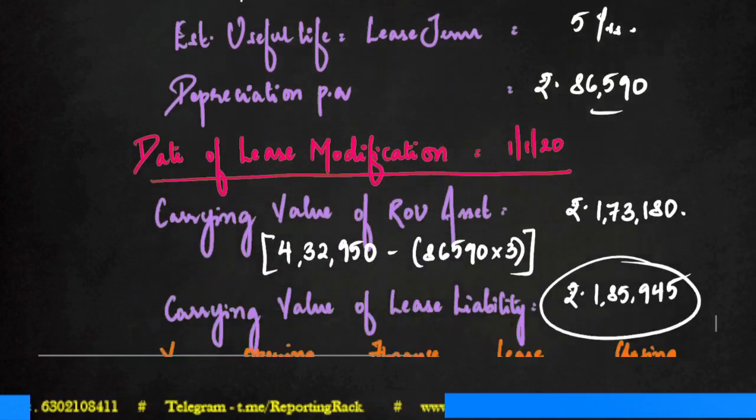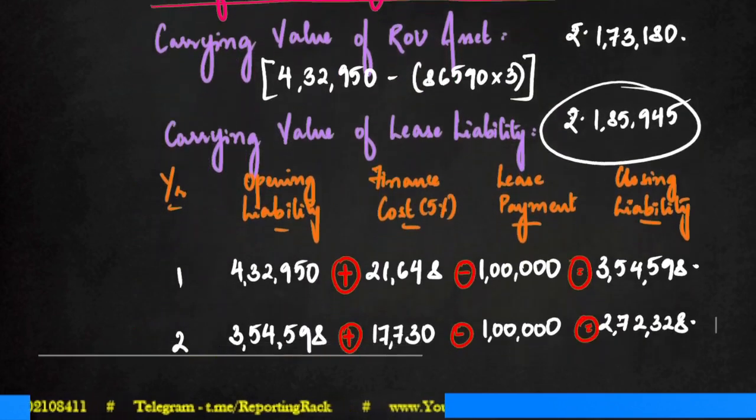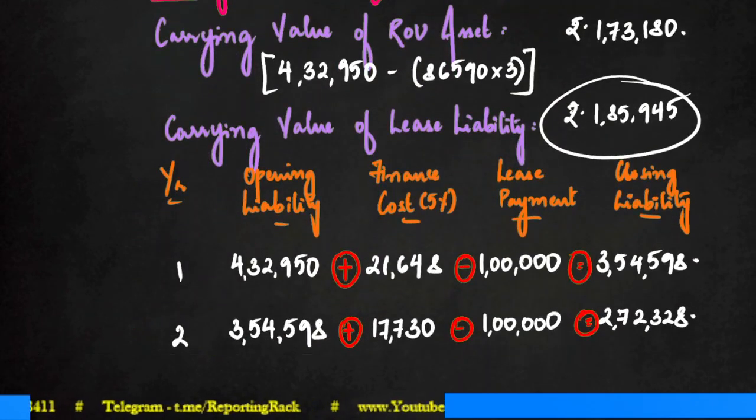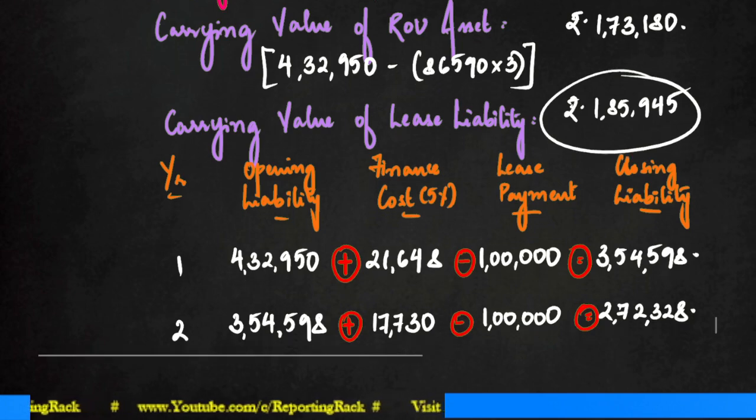If that is the value of ROU asset, then I have determined the depreciation per annum over 5 years, 86,590. I determined the carrying value of ROU asset after depreciating it by 3 years, and also the carrying value of lease liability. Now depreciation is 86,590, 3 years depreciated from the carrying value. You can easily determine the carrying value of the ROU asset.